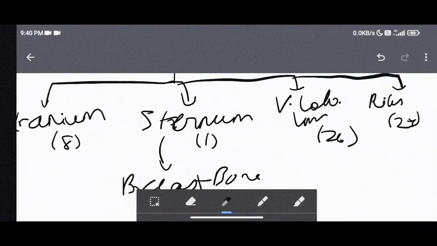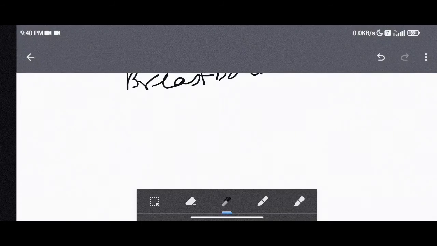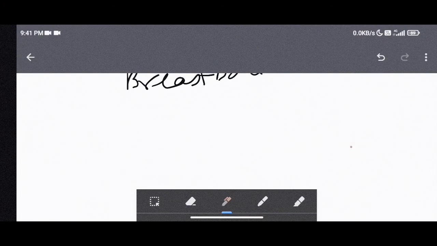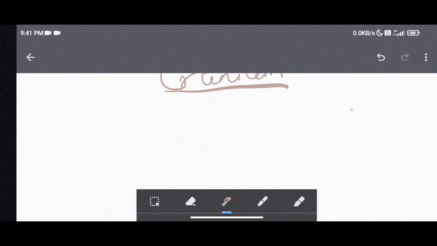So let's start with the cranium now. The cranium has a total of 8 bones, as I have already said.